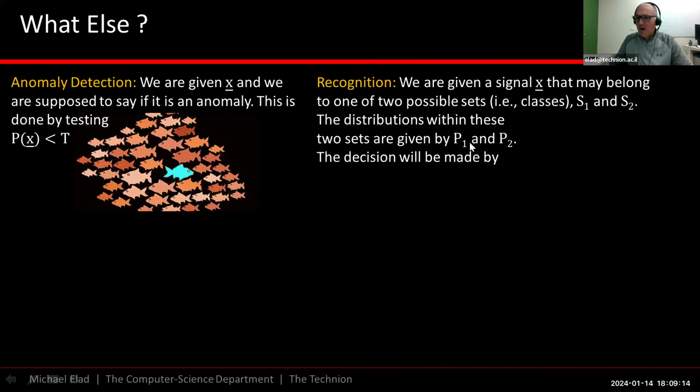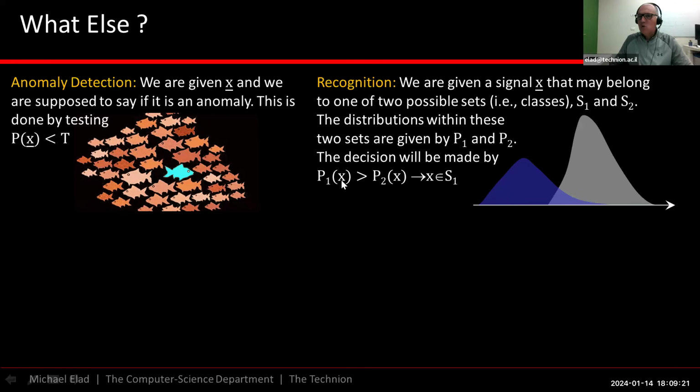If you know P1 and P2, the probabilities of dogs and probabilities of cats, here is what you're supposed to do. You're supposed to compute the probability of the incoming image and check whether the probability of dogs is larger than the probability of cats and assign a proper classification. This is what you're supposed to do. And when you have a classifier, by an indirect way, this is what you essentially do.